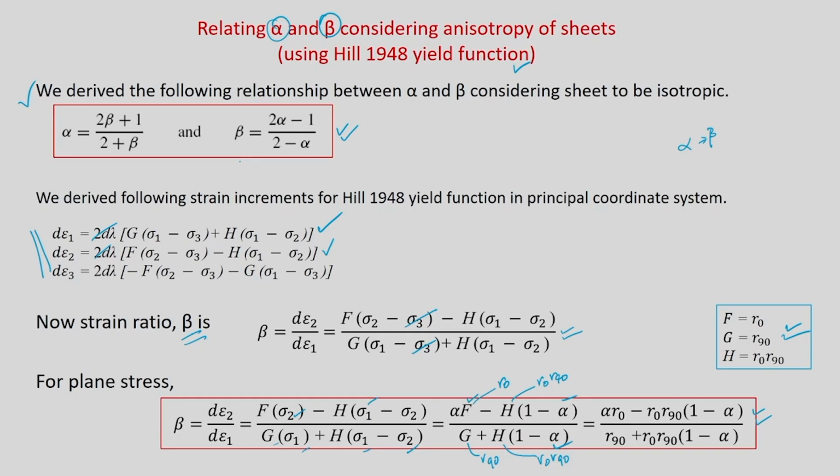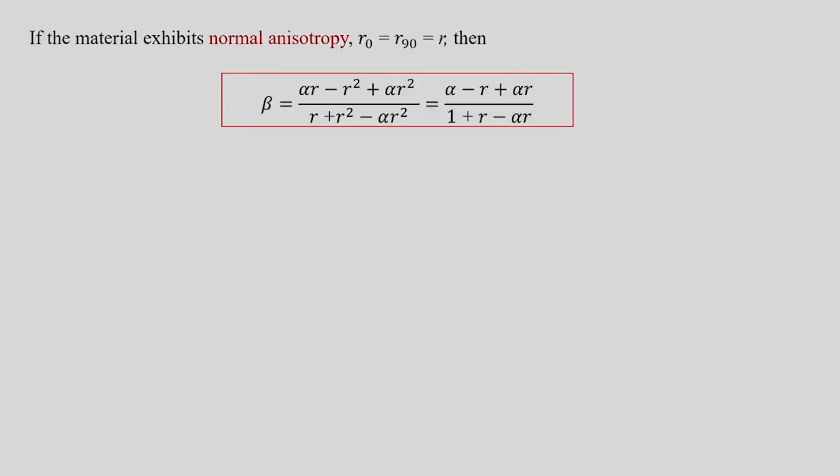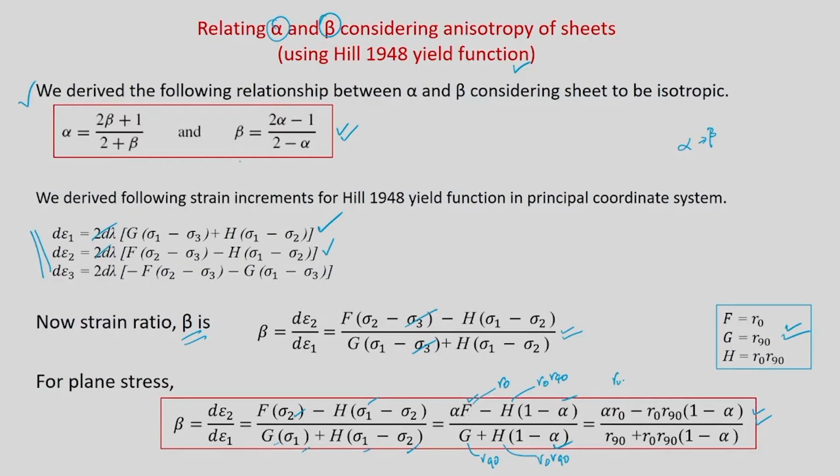Now, if you consider normal anisotropy, which we discussed just before, where R0 is equal to R90 equal to R, and you put that in this equation, it becomes a further simple case: alpha into R alpha minus R square into 1 minus alpha divided by R plus R square into 1 minus alpha. You simplify it and you get a simple equation here.